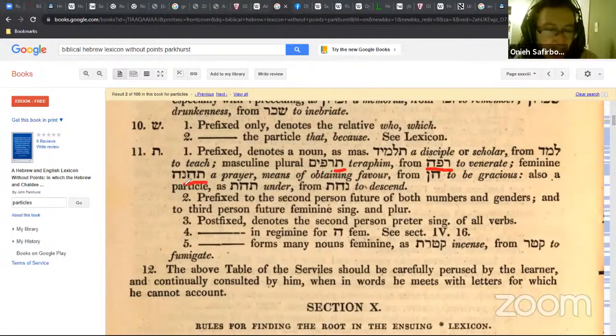So tahana is a prayer. It's a means of obtaining favor. It comes from grace or favor. So receiving a favor is what you get by praying. And then finally, the verb descend is the origin of the word under.